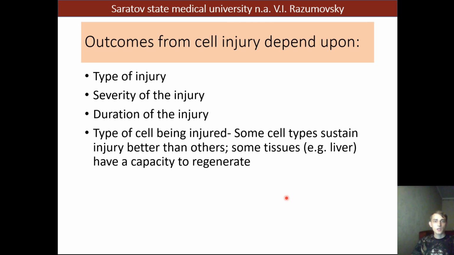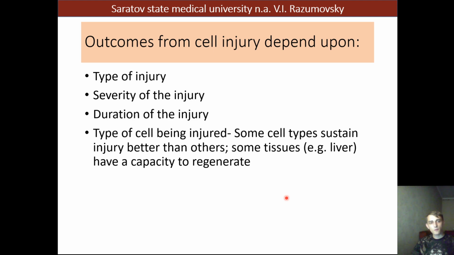Some tissues have the ability to regenerate. For example, the cells of our brain are very badly injured by hypoxia.